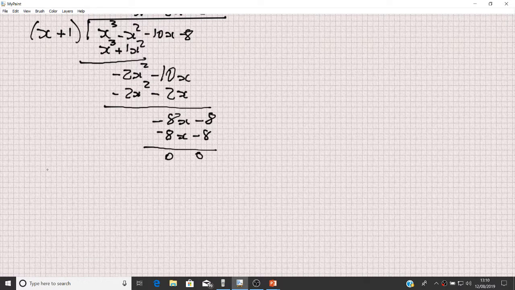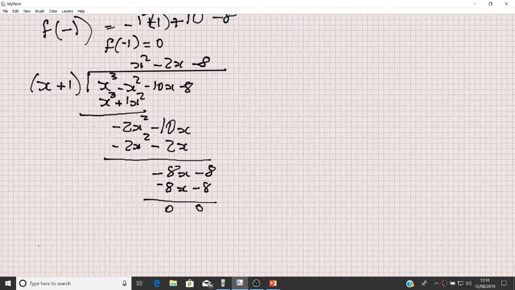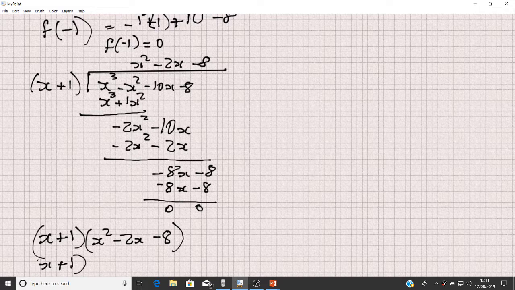So we have two factors. We have the linear factor x plus 1, and we have a quadratic factor, x squared minus 2x minus 8. Now we can fully factorize that: two numbers that multiply to negative 8, so we might have x minus 4 and x plus 2.